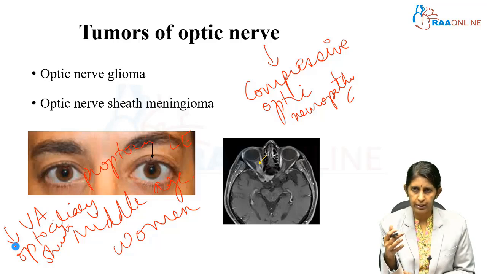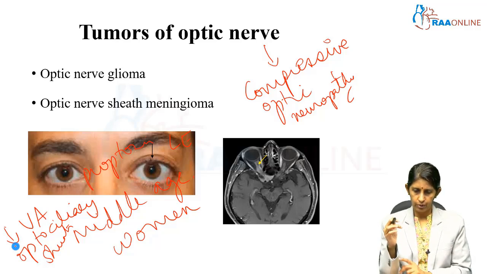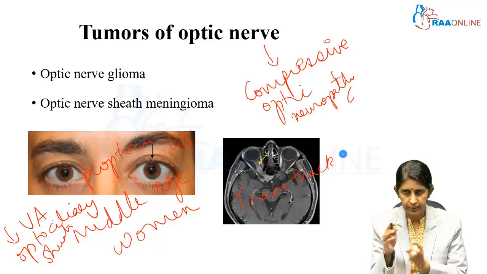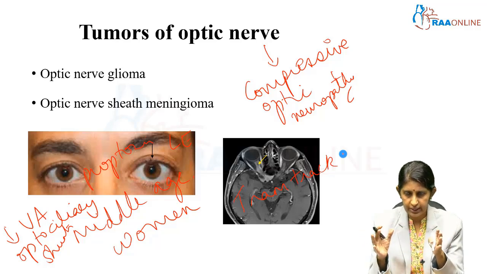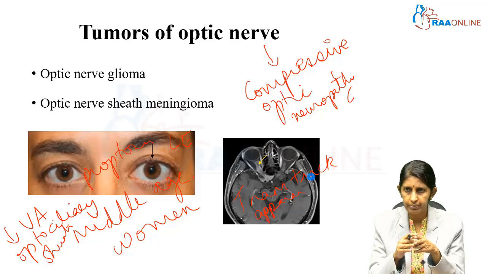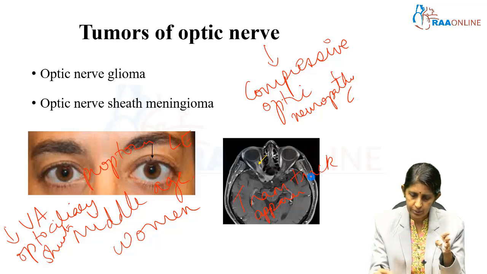But when you do an MRI for these patients, you have what we see here as a tram track, that is, both sides of the optic nerve, that is the optic sheath, is getting prominent and enhanced, and that is called a tram track appearance of the optic nerve, which is again classical of optic nerve sheath meningioma. And apart from that, you can also look for calcification.